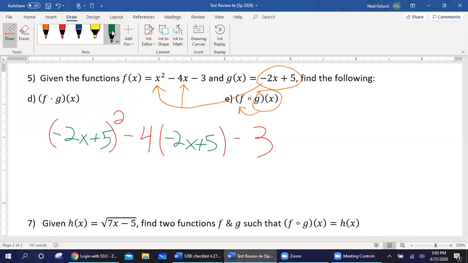So from here, there's just a whole lot of multiplying and FOILing out and just being very careful of what I do. So negative 2x plus 5 squared, this part, be careful, you'd have to actually FOIL that, multiply it by itself. If you did that, you would end up with 4x squared minus 20x plus 25.